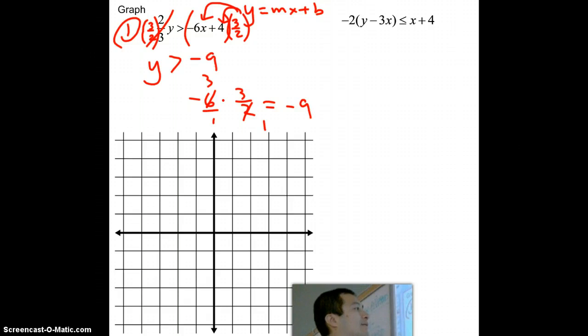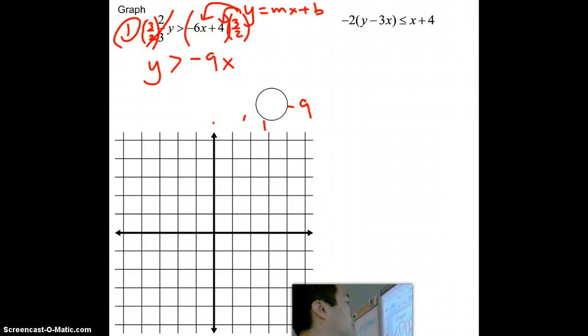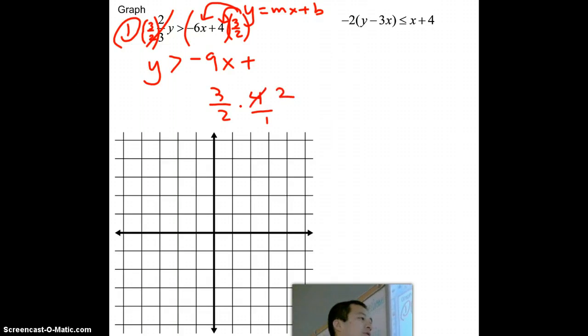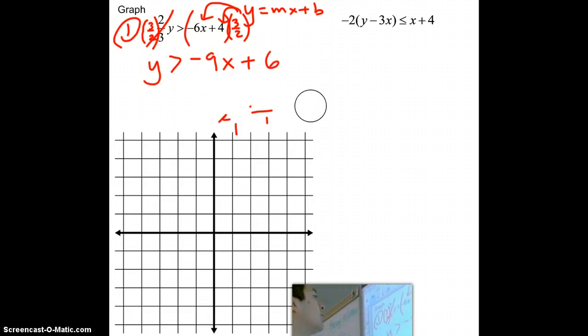So that becomes -9x. Over here, 3/2 times 4. Make it 4/1. 4 is canceled, leaving a 2. Leaving a 1. That becomes 3 times 2, which is 6. So I have my first equation. Y is greater than -9x plus 6.